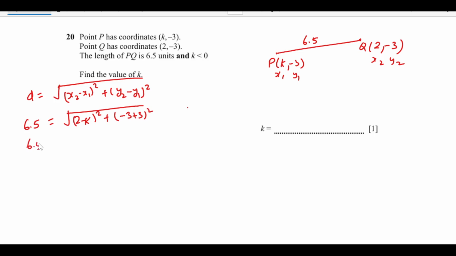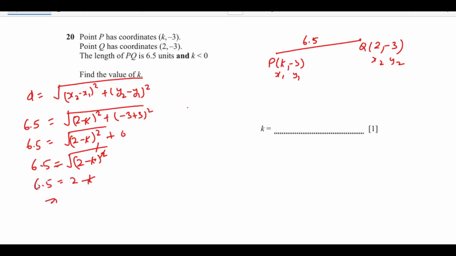So 6.5 equals the square root of 2 minus k squared plus 0. So the square root and square get cancelled. So we have 6.5 is equal to 2 minus k.